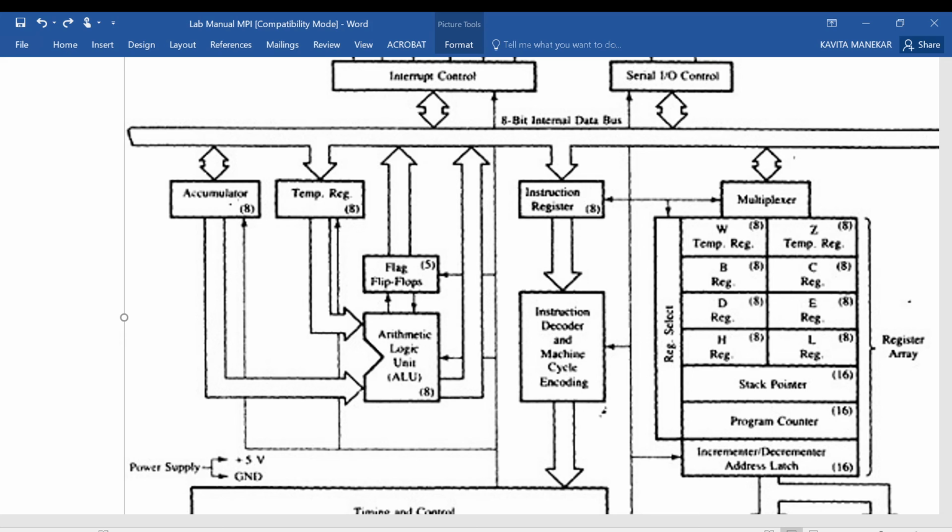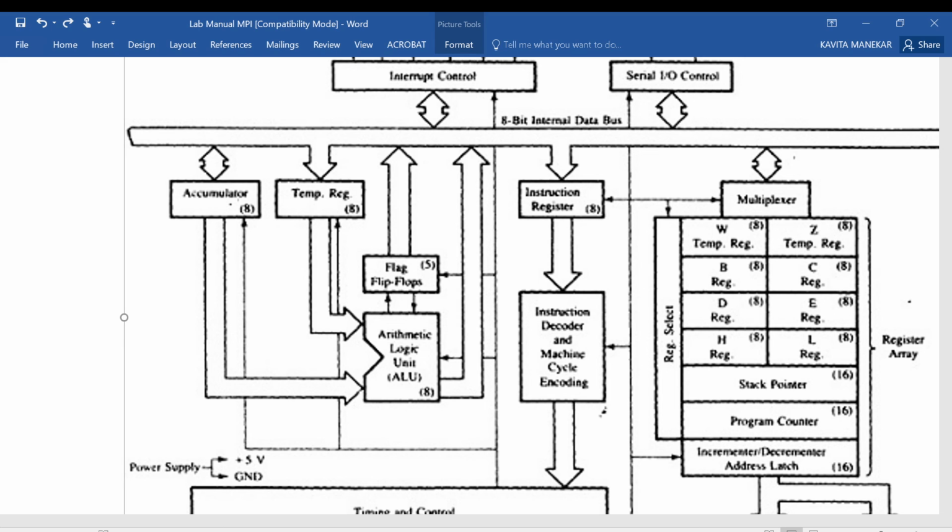Again it is an 8-bit register, but 5 flip-flops are active, indicating the different status of the result or data. Whenever we perform any operation, the status of the result is stored automatically by the arithmetic and logic unit in the flag register.